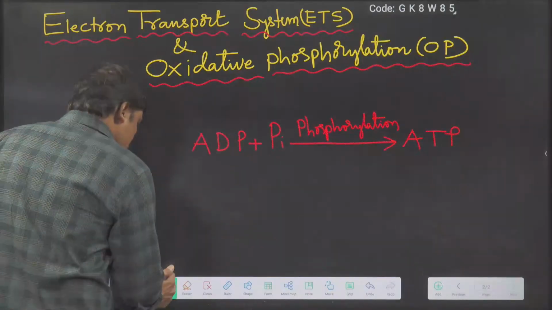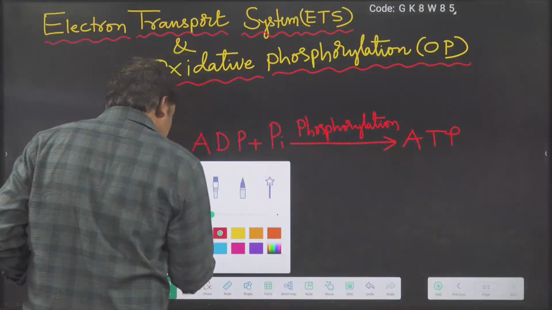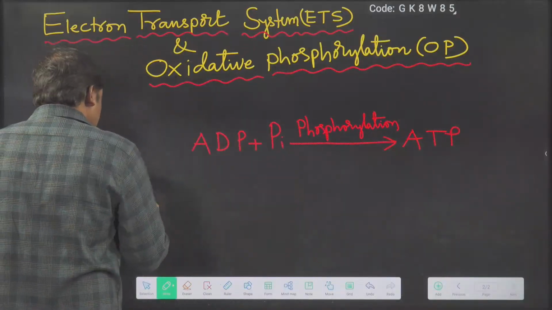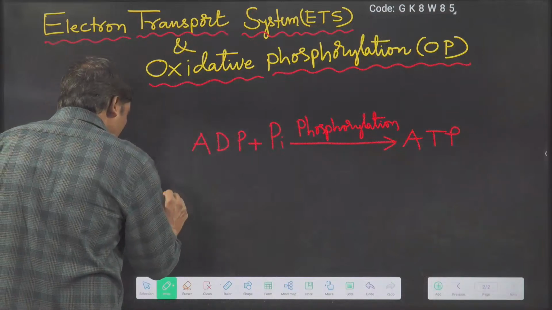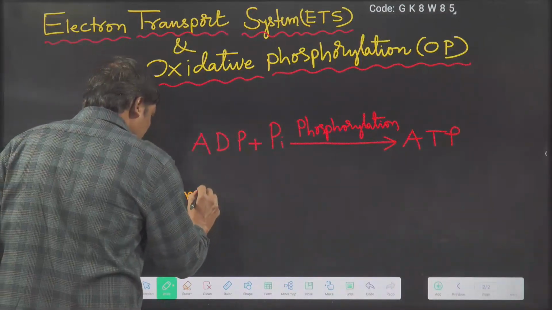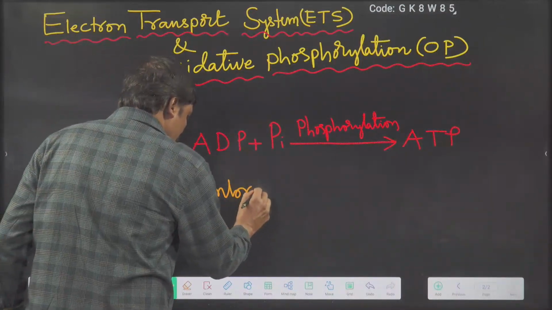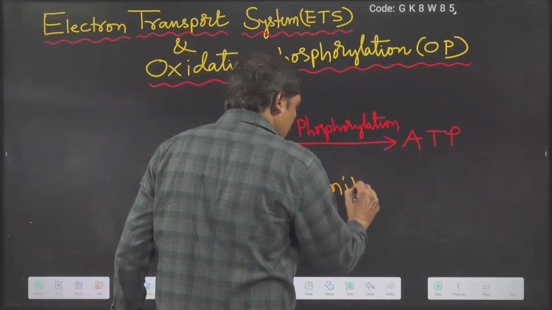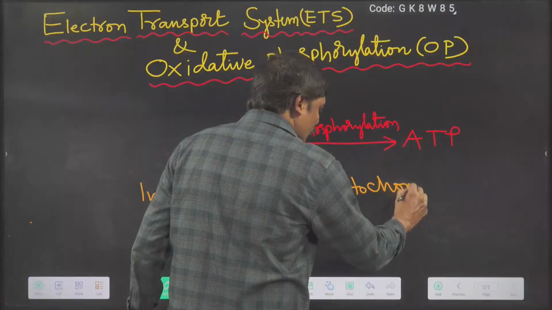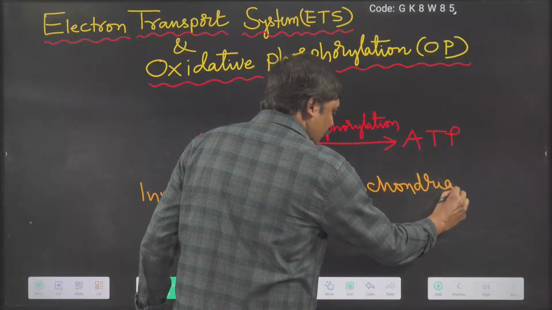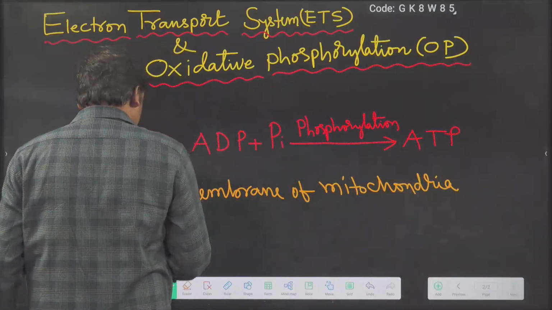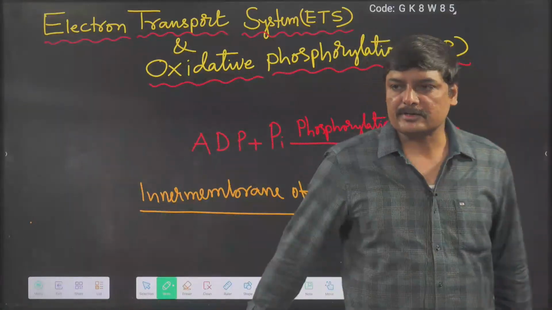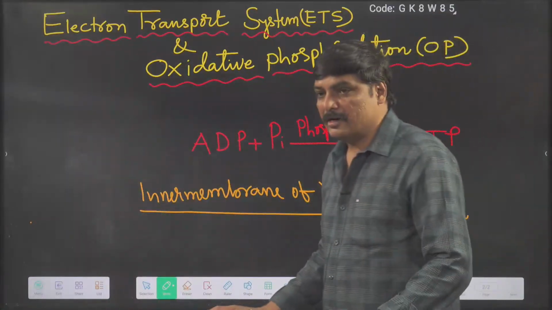ETS occurs in the inner membrane of mitochondria. This is the site of ETS. Very important point. I told you clearly.